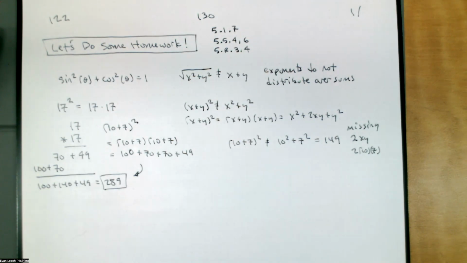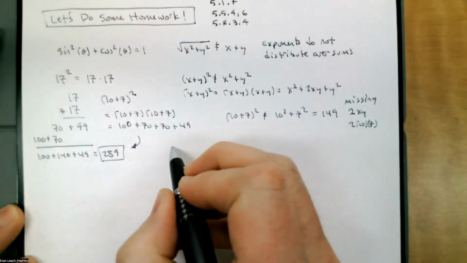Now in this case, I wrote 17 as 7 and a 10. But we could also think of 17 as being 20 minus 3. This is just a side note.